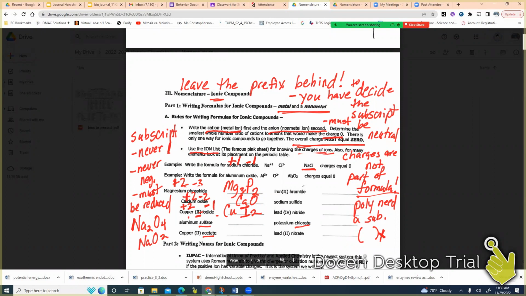Off the bottom, off of the polyatomic ions, they automatically put it in parentheses whether it needs a subscript or not, and that works also. All right, so let's look at a couple of those.